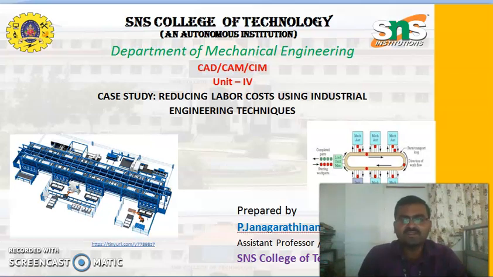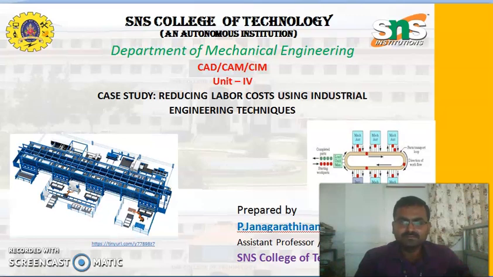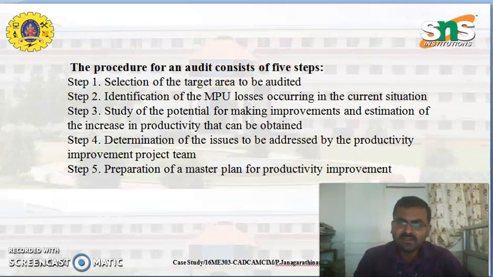Okay, what are all the techniques we have to follow in reducing human effort? These are some of the auditing techniques for reducing the labor cost. Step one, selection of the target area to be audited.